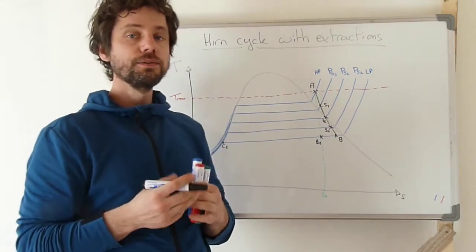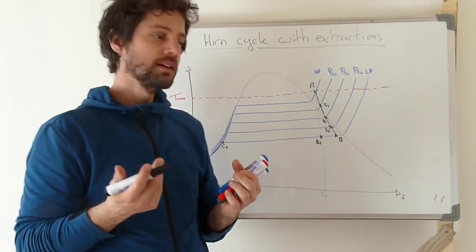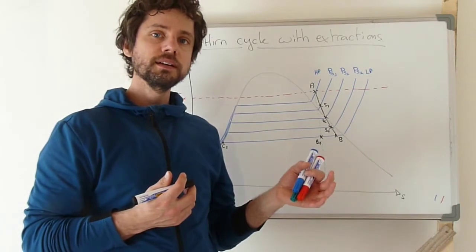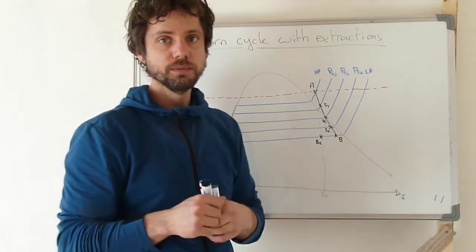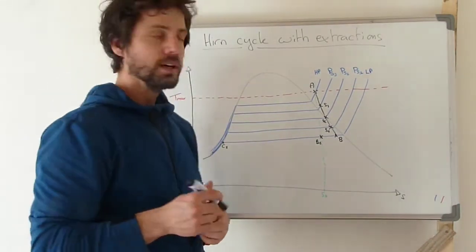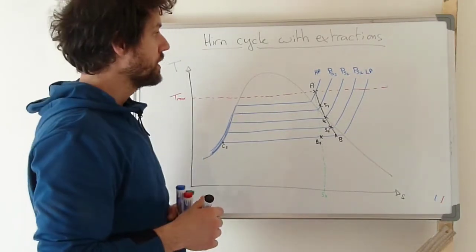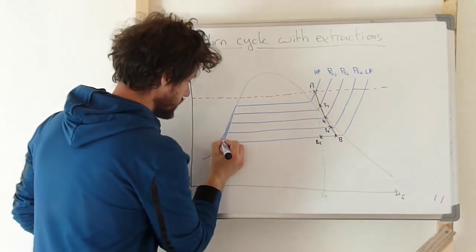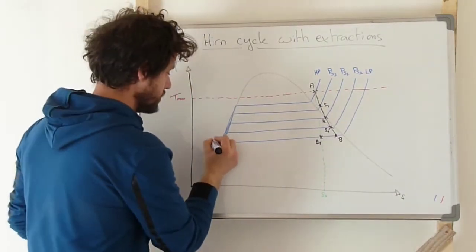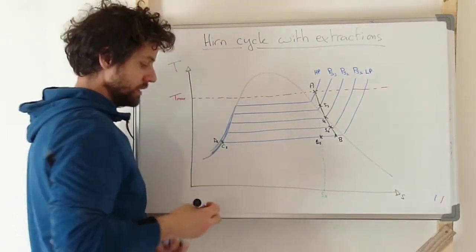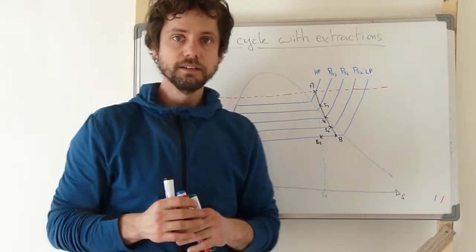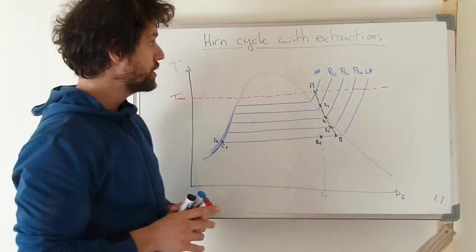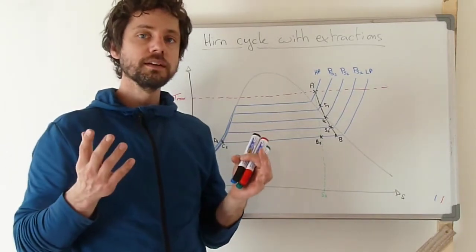Then the first pump will increase the pressure from C1 to what's called D1, and D1 would be at the pressure PS1, so almost merged we have point D1, which is similar to C1 but at a higher pressure, the pressure of extraction S1.